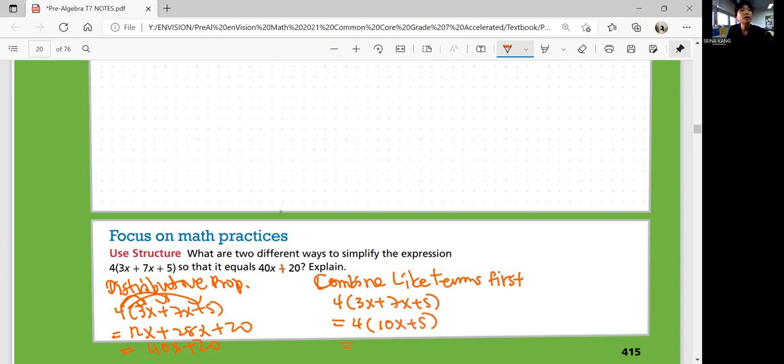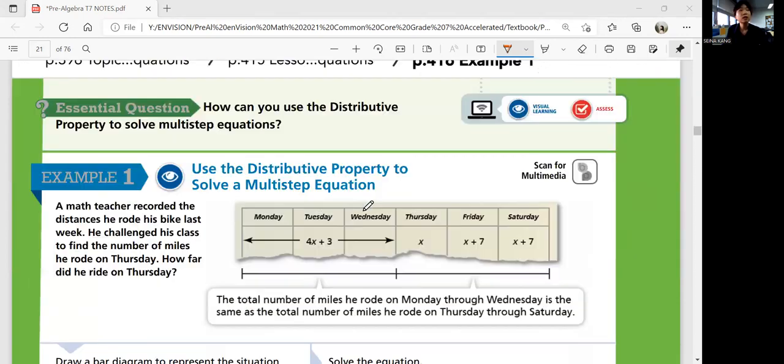And then you can use the distributive property and say, well, that's 40x plus 20. So these are different ways. It depends on which order you want to go first for the multi-step equations, but you should still get the same answer. All right, let's look at the next page.